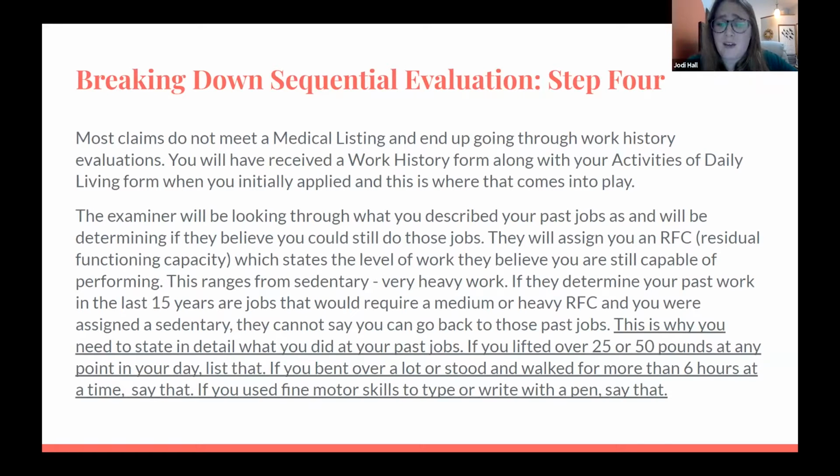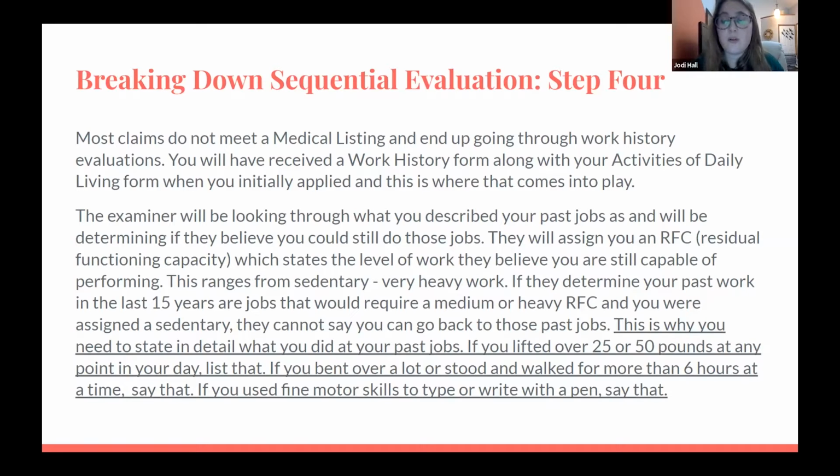And you really have to be thorough with what you're writing down. Let's say you were a carpet cleaner, and mostly you clean carpets using a machine that you would just push, but sometimes you had to get down on your hands and knees and scrub. Even if that only happened 5 minutes every day, you would want to list that, because if they say that you can go back to being a carpet cleaner because you don't have to use your fingers, well, you do, because you had to, at least for 5 minutes a day, use your fingers to scrub the carpet.